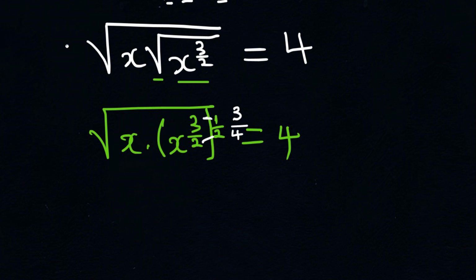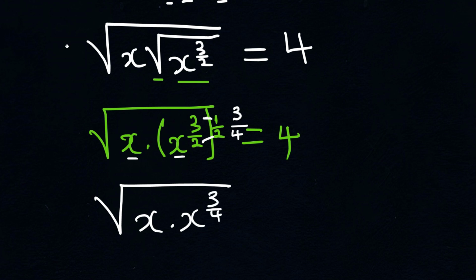So in the end, we are going to have x to the power 3 over 4, and therefore our next expression will be x multiplied by x to the power 3 over 4 is equal to 4.